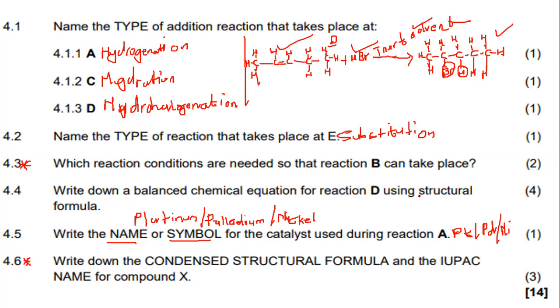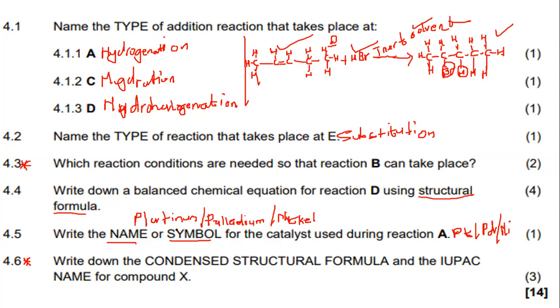Just to revert back to question 4.4, remember they said you must write the balanced chemical equation for reaction D and you must use the structural formula. And that's exactly what we have done. And you can go and check that the reactants are exactly equal to those in the products altogether. And we won't really be dealing with 4.6. Because it requires condensed structural formulas and so on.